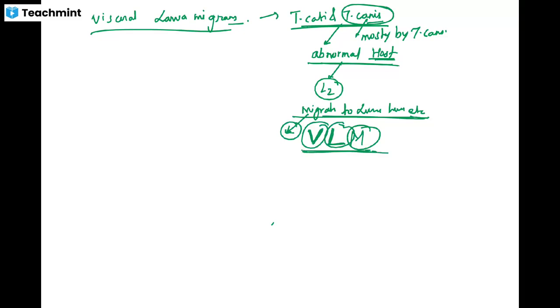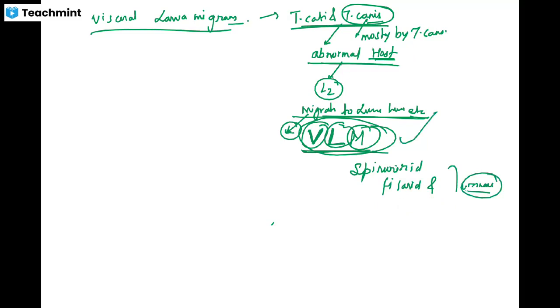Mainly caused by Toxocara canis, but visceral larva migrans is also caused by spirurid, filarid, and strongyloid worms also. So visceral larva migrans is caused by spirurid, filarid and strongyloid and by Toxocara.